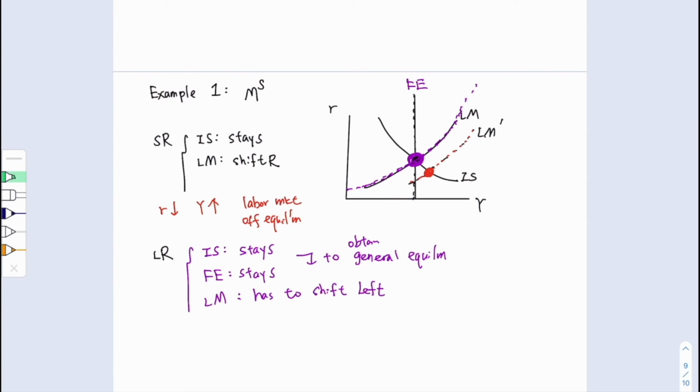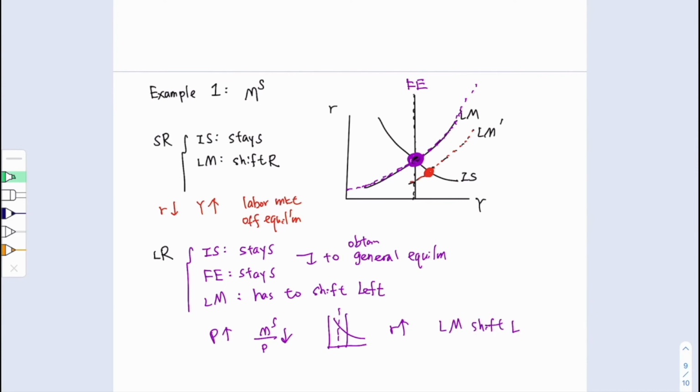So what direction of price change will shift the LM curve to the left? It turns out that when the price changes, holding all other things equal, the real money supply should fall. The equilibrium tells us that the economy will attain a higher R, and because of that, the LM curve needs to shift leftward.